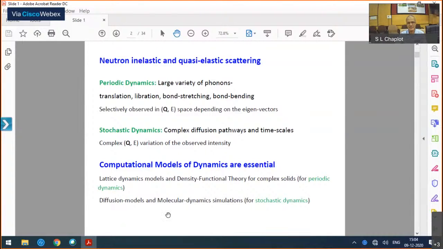And for the stochastic dynamics, there are a variety of diffusion models, and the details can be investigated using molecular dynamics simulation. So in today's lecture, let us start with the lattice dynamics theory that is relevant to the study of phonons.